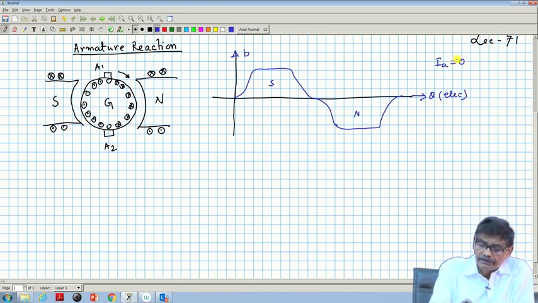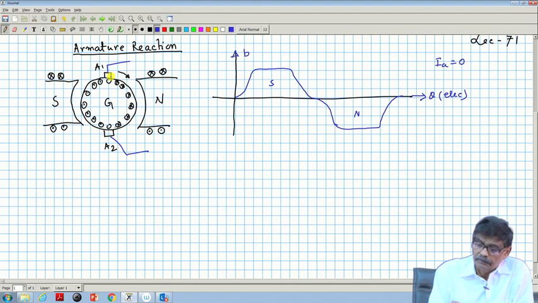Now, the moment the armature is allowed to carry some current to deliver power to a load, the direction of the currents in generator mode will be the same as the direction of the induced EMF. Therefore, these dots once again will represent the direction of the current, and cross will represent the direction of the current under the two poles as shown.